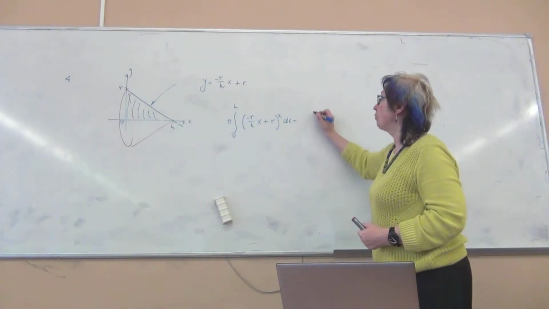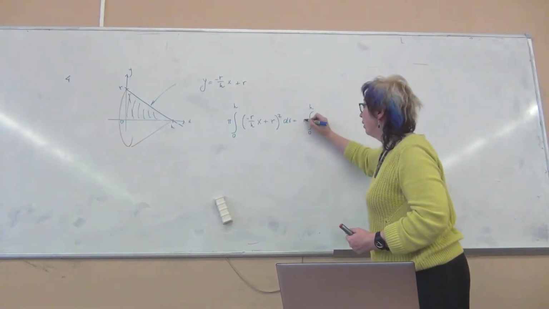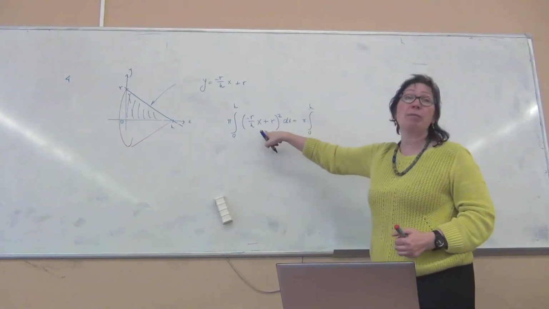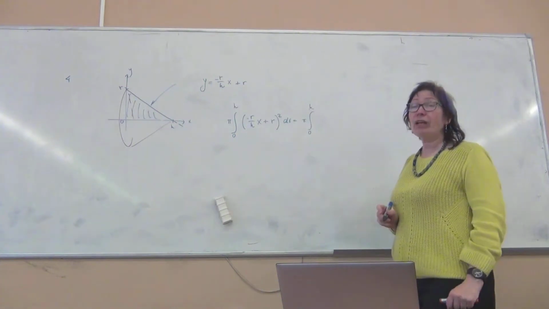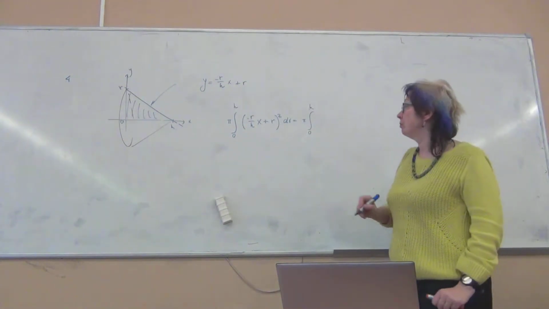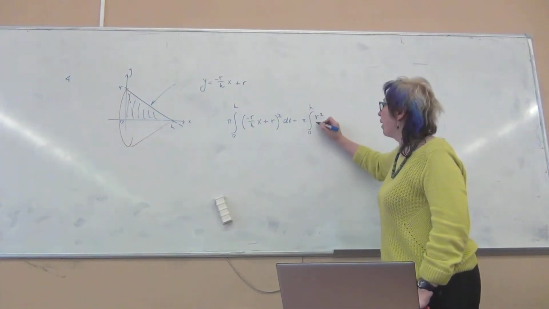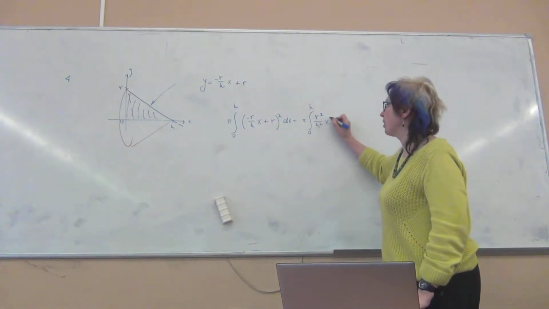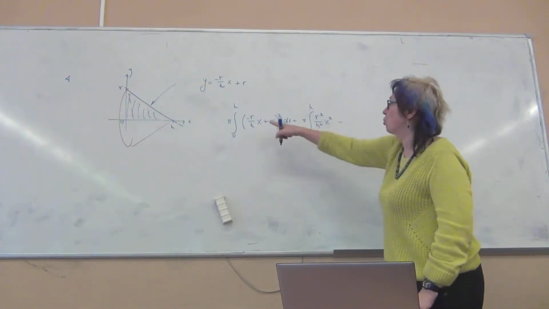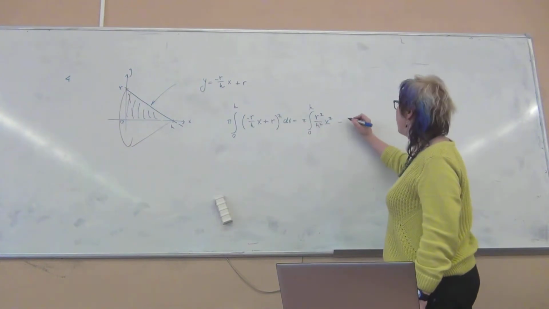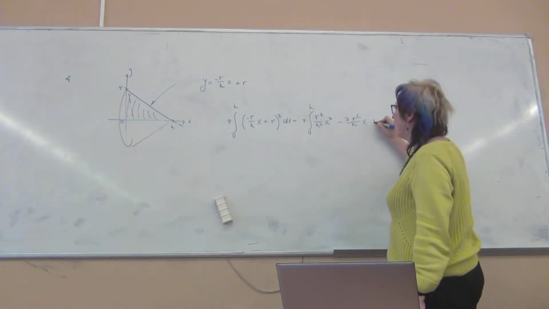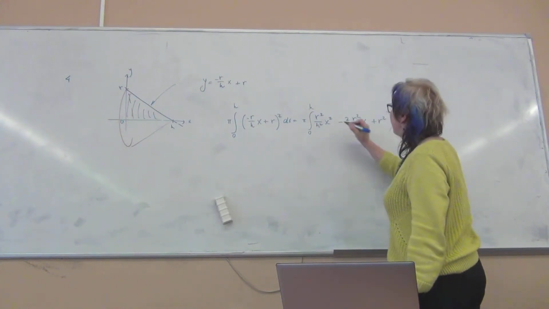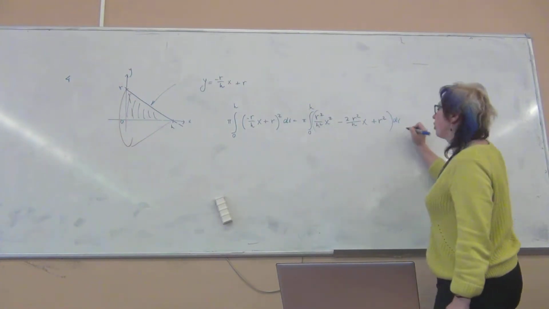Again, it's very easy to make a mistake. You have to square this. Remember the square of the binomial. So it's r squared over h squared times x squared minus 2 r squared over h times x plus r squared. This is the final function that we have to integrate.